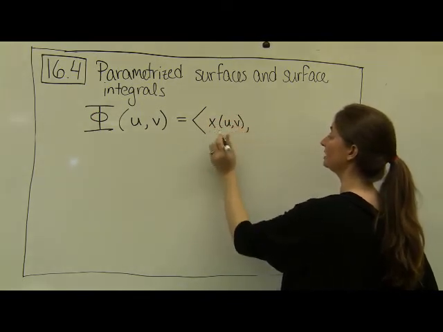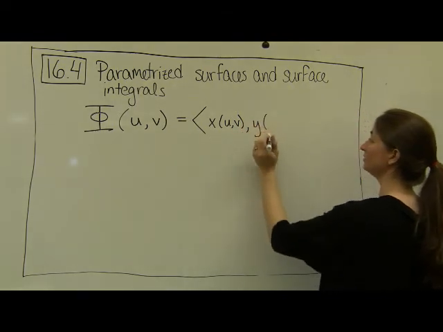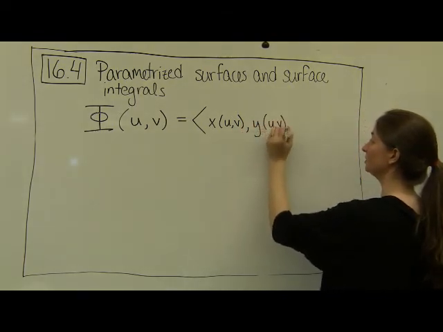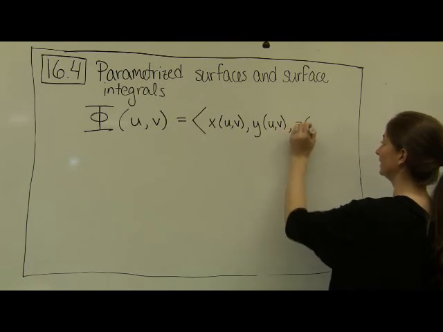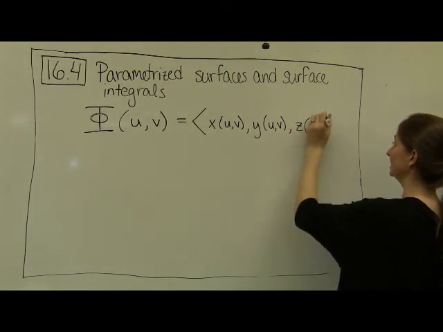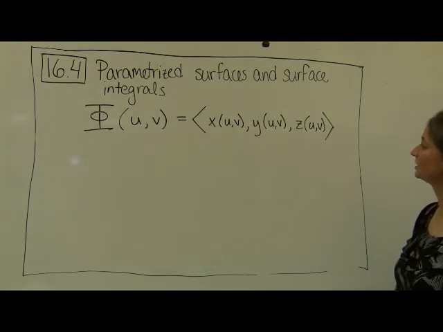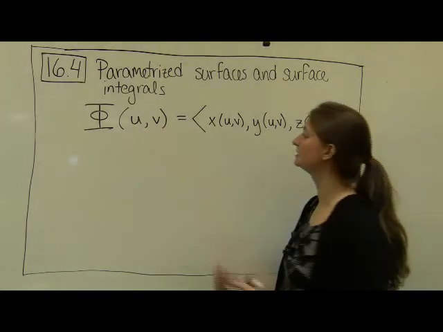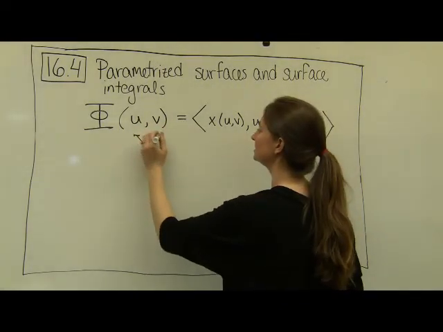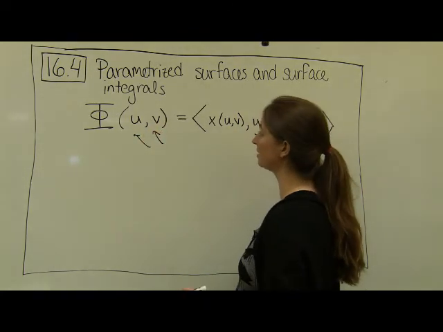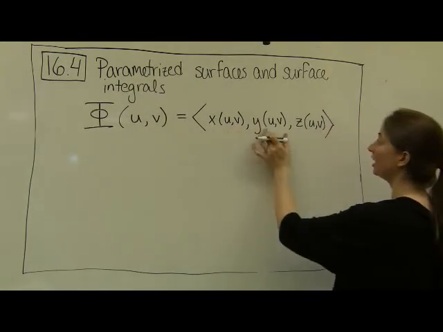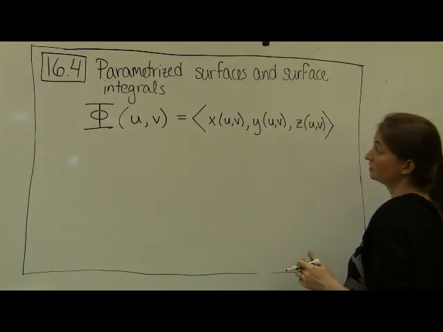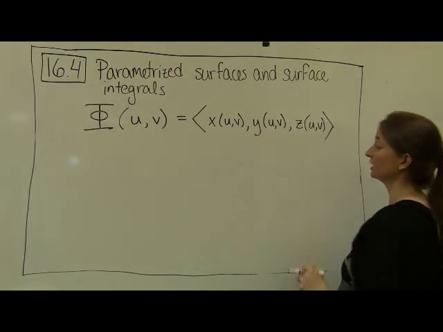So it's going to have three component functions: a function of u and v for x, a function of u and v for y, and a function of u and v for z. So notice that I have two different inputs, u's and v's. I could think of these as points in R2. And the outputs that I get are a set of vectors, which are outputs in R3.